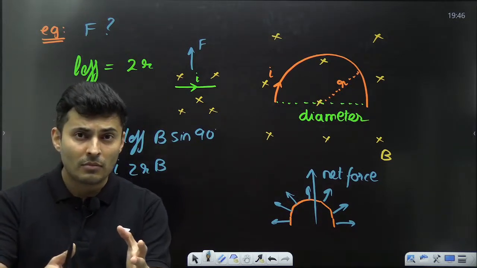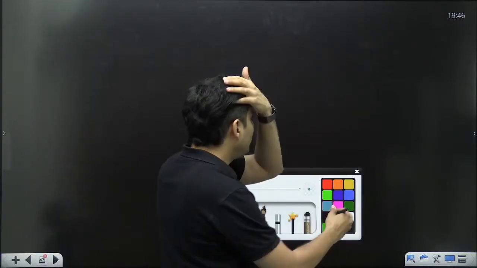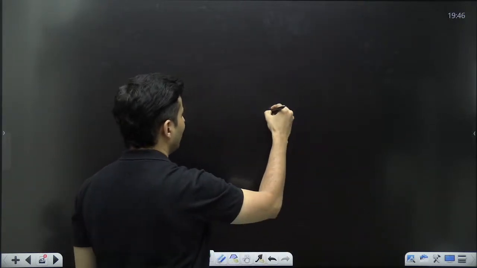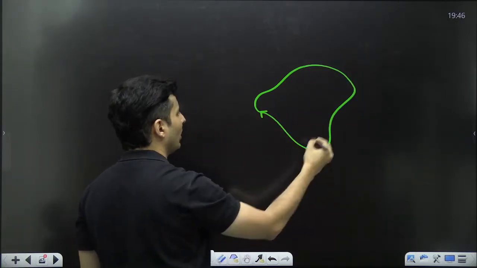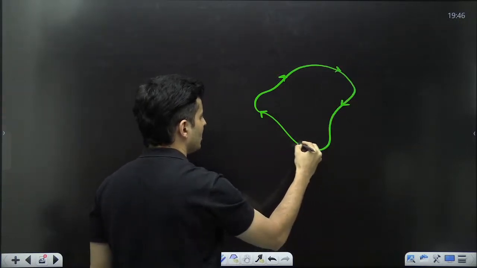Now I change the thing a little bit, and what I do is I take a loop. When I say a loop, that means it starts at some point and ends at the same point. Basically, this is a loop. It could be a circle, it could be a square, who knows.